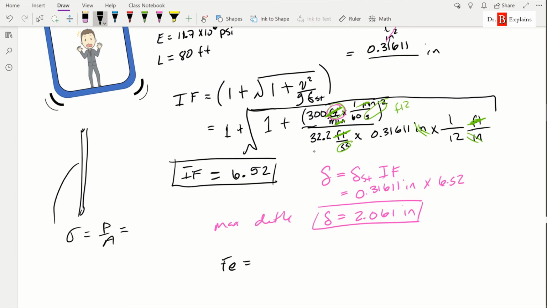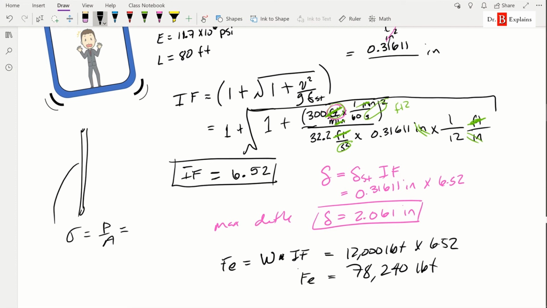The equivalent force is going to be the weight times the impact factor, which is 12,000 pounds times 6.52. If we take 12,000 times 6.52, this gives 78,240 pounds. This number here is the equivalent force.